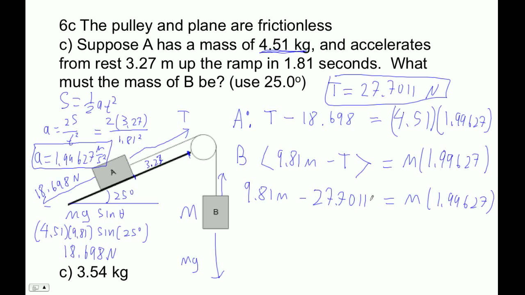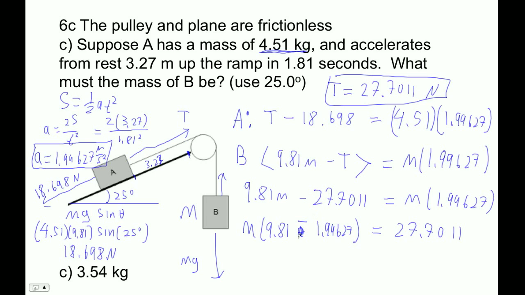Although there are two m's there, they are the same m. We can combine them. So I'm going to have m outside of 9.81 minus 1.99627 equals 27.7011.